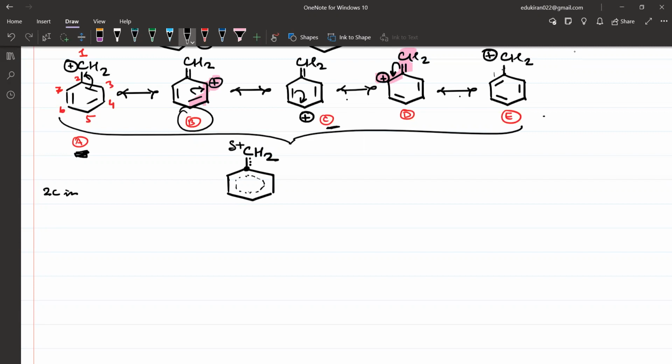Second carbon in A, is it charged or neutral? Abdullah, tell me. Is the second carbon charged or neutral? Tell me clearly. Look at the carbon carefully, is this carbon atom charged or neutral? Yes Abdullah.